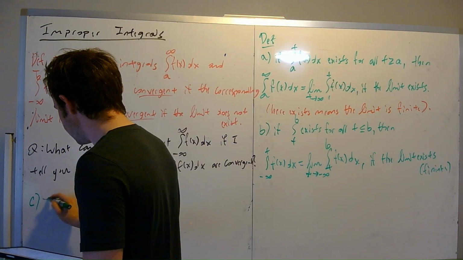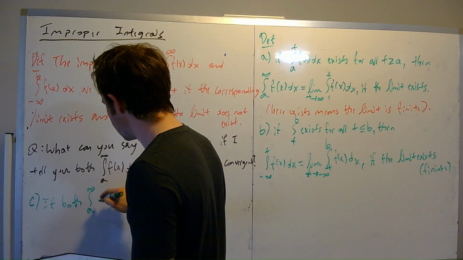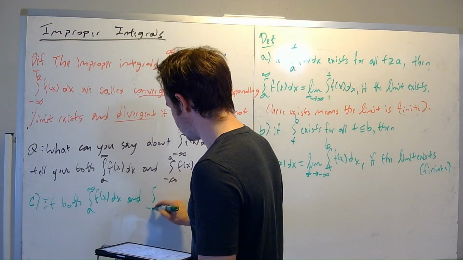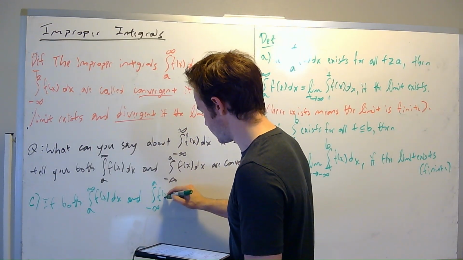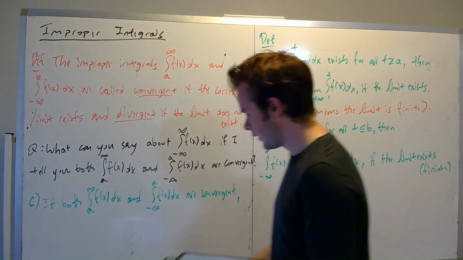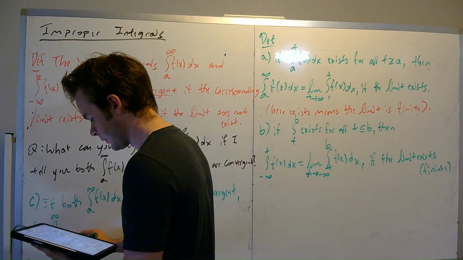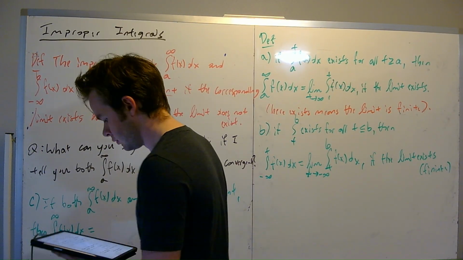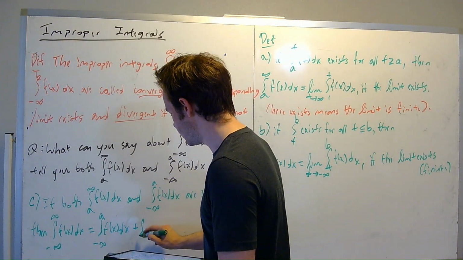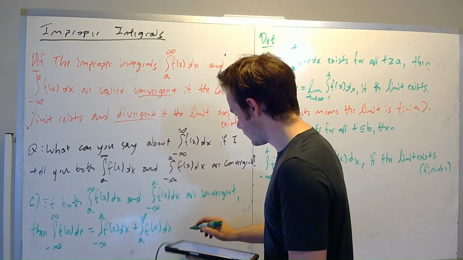Part C is going to say if both the integral from a to infinity of f of x dx and the integral from negative infinity to a of f of x dx are convergent, then the integral from negative infinity to infinity of f of x dx equals the integral from negative infinity to a of f of x dx plus the integral from a to infinity of f of x dx, where a can be any number.